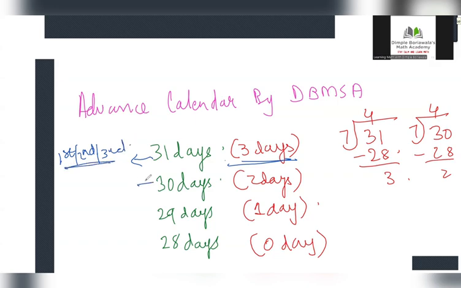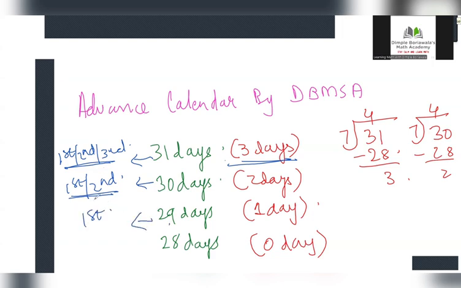So when I say 31 days, January, March, May, July, August, October, December, these 7 months will have first, second, third, whatever days are there, those days will be coming 5 times in a month. For example, first and second are falling on Friday and Saturday. Then Friday and Saturday will be coming 5 times in a month.